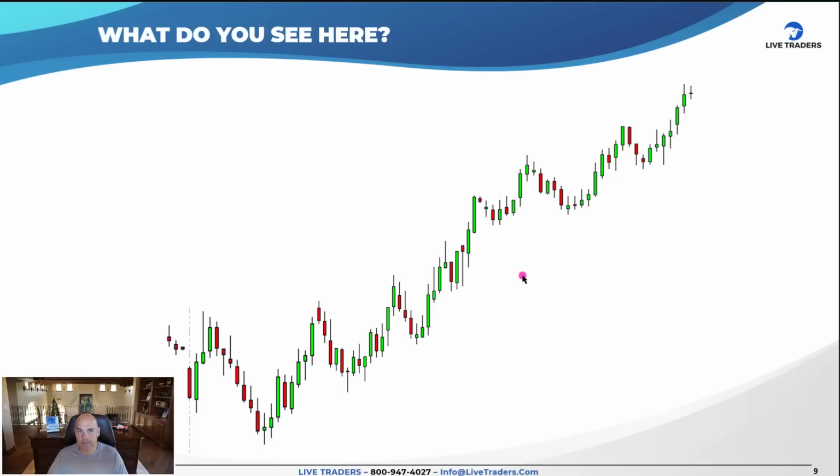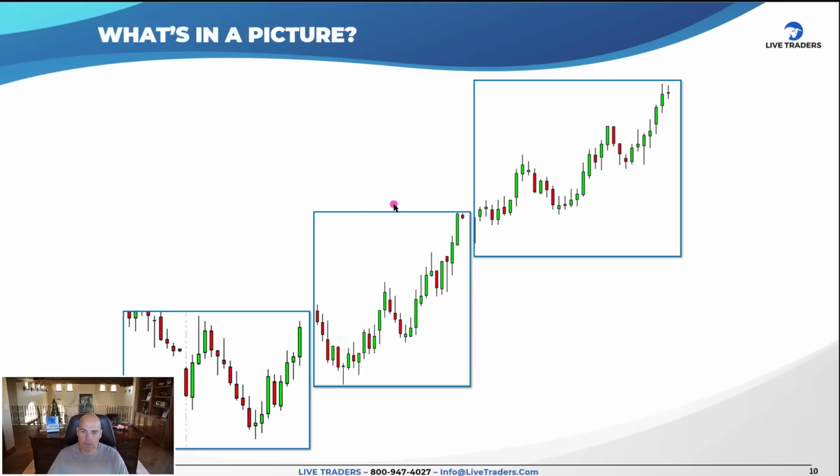But I tricked you. And I'm not saying you're wrong. You were right. But this is really what you saw. You're still like, so? You just cut it into 3 pictures, Jared. That's all you did. It's the same chart. I didn't.